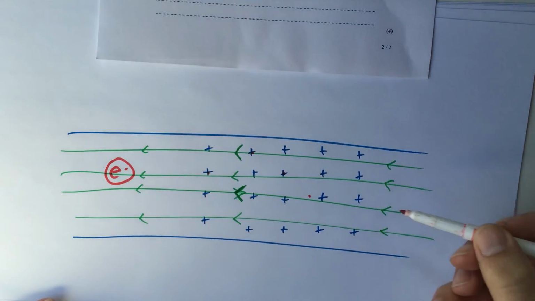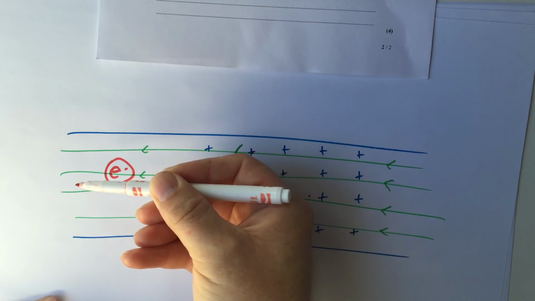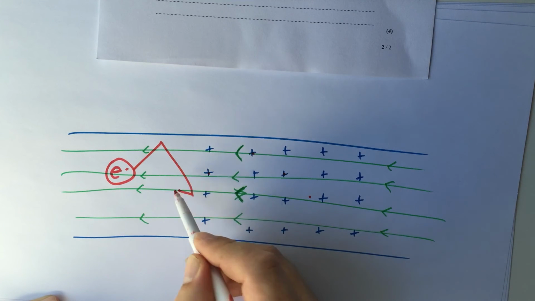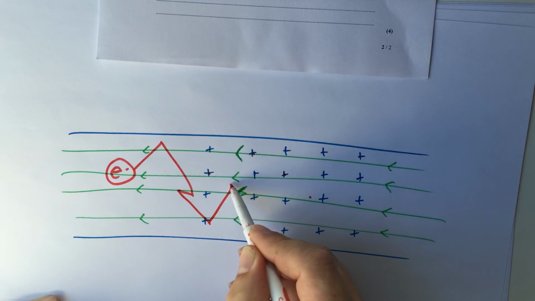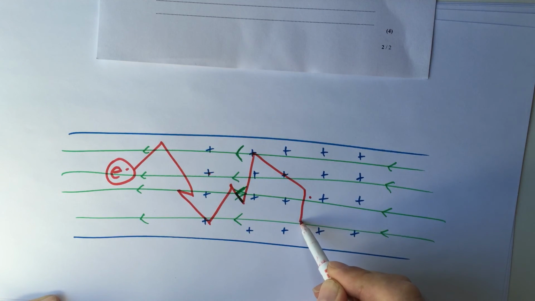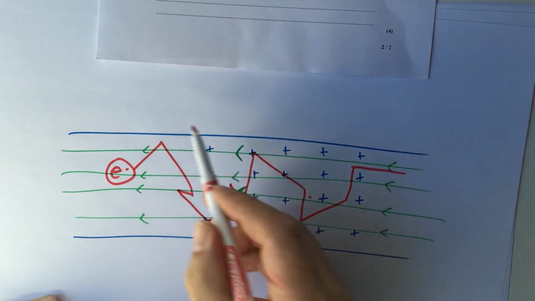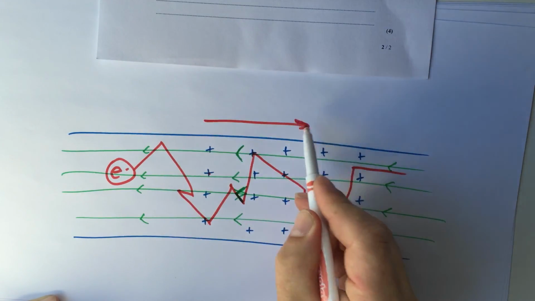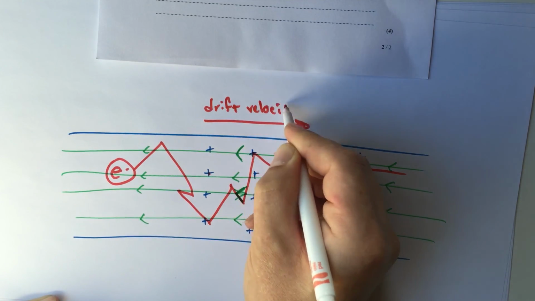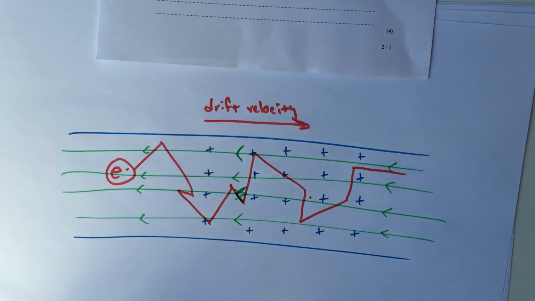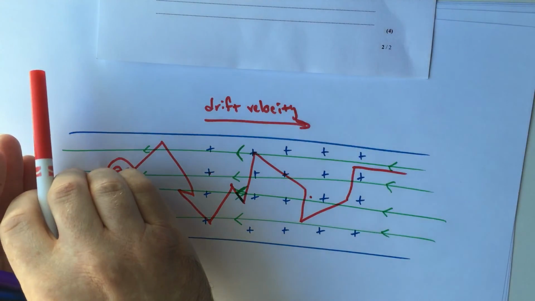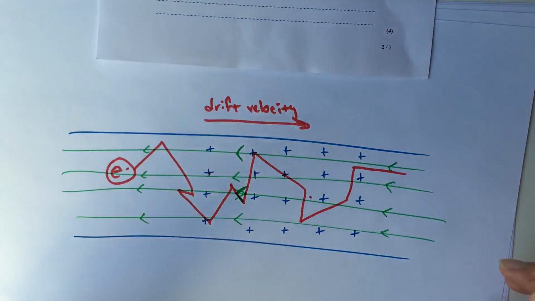So if the field is directed this way, the electrons might bang around, and sometimes they might even go backwards, but essentially they maintain a net velocity that is traveling in the opposite direction. So this would be the drift velocity, or the direction of the drift velocity. Essentially, they all drift in the same direction, and that's why there's a current in the wires, because there is a transfer of charge.